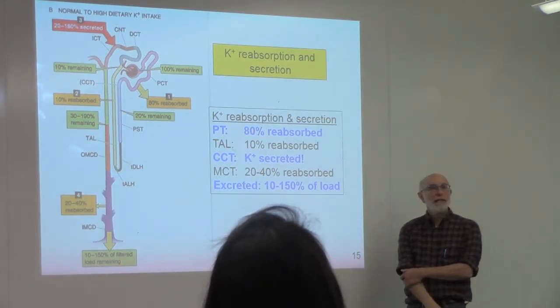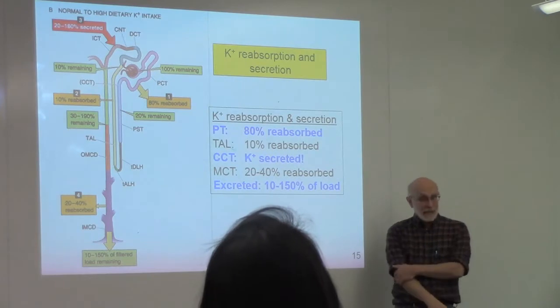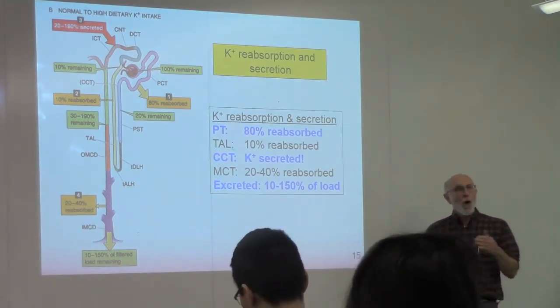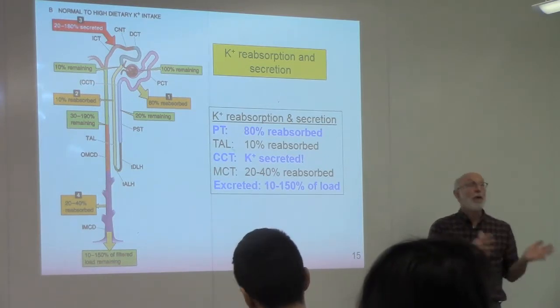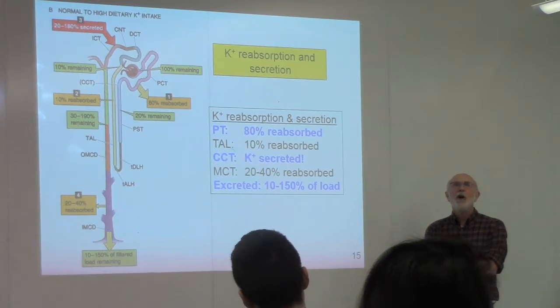Anybody have an idea? Okay, so potassium is really important for the resting membrane potential. So homeostasis of both sodium and potassium is very important, and yet we evolved mechanisms for reabsorption without secretion of sodium, and we evolved mechanisms for reabsorption and secretion of potassium.